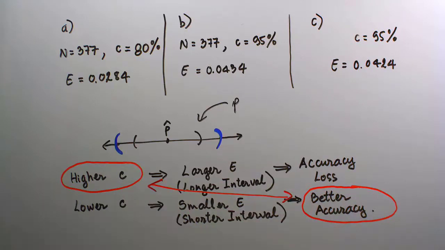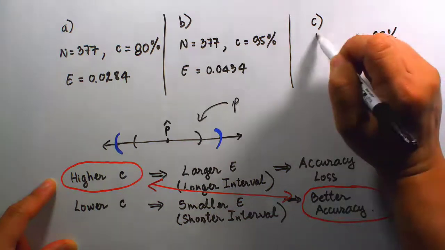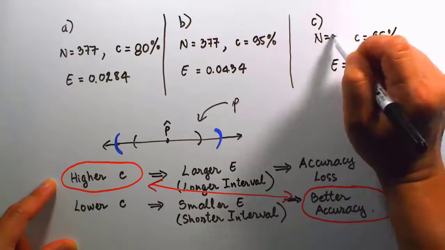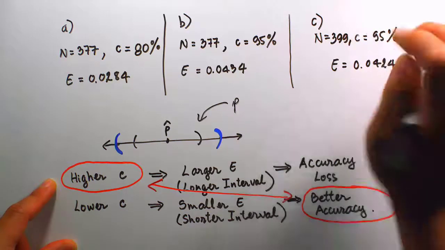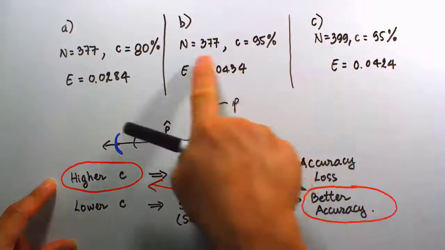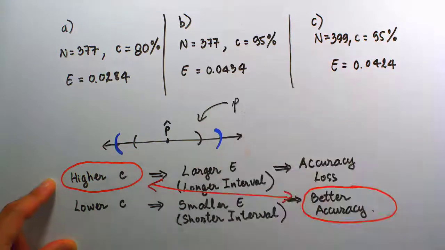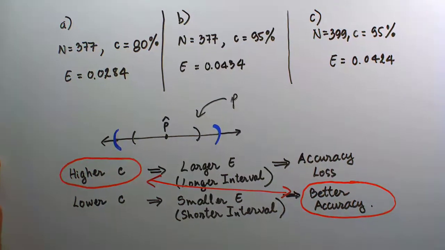And so the only way to fix that, the only way to still maintain a good high confidence level without trading off accuracy, is to look at the sample size here, 399. The only simple trick is to increase the sample size right here, and that will bring all the good usefulness.